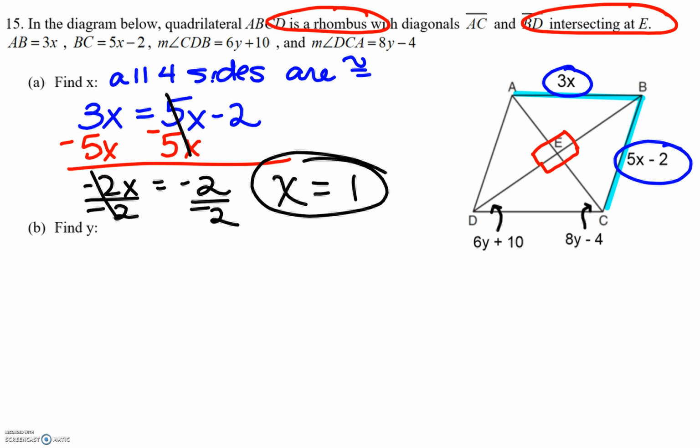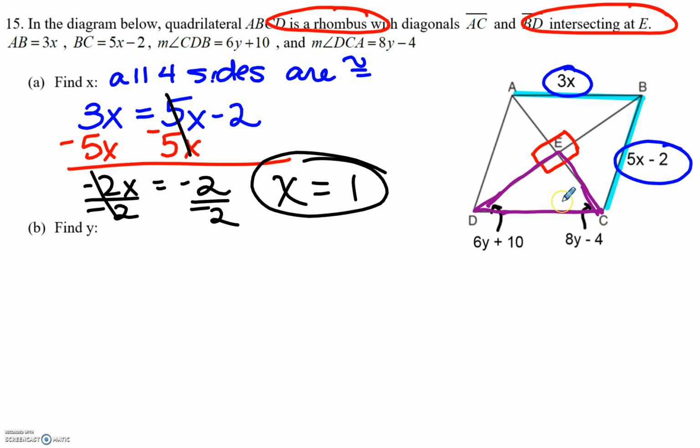Part B says find the value of y. So let's locate where there are y's in our expression. We have a y for this angle right here, and we have a y related to that angle right there. So if we look holistically at what these two angles are part of, we can notice that it's a part of this right triangle right here.